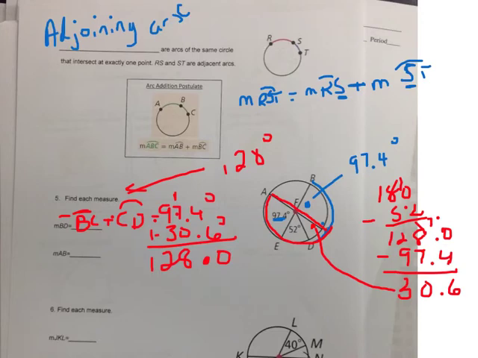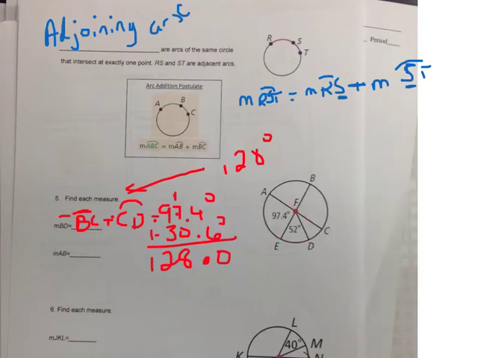If I want to know what AB is, let me erase, since I'm drawing on the same document here. Okay, if I want to know the measure of AB, AB is a vertical angle to all of this right here. And I knew earlier that DC ended up being, oh goodness, I've lost track of what DC was. I think it was 30.6.